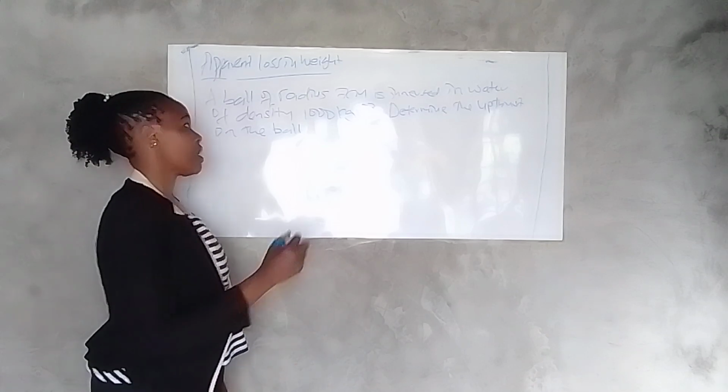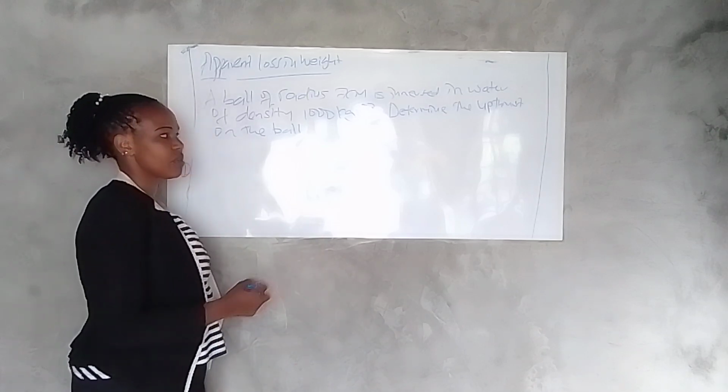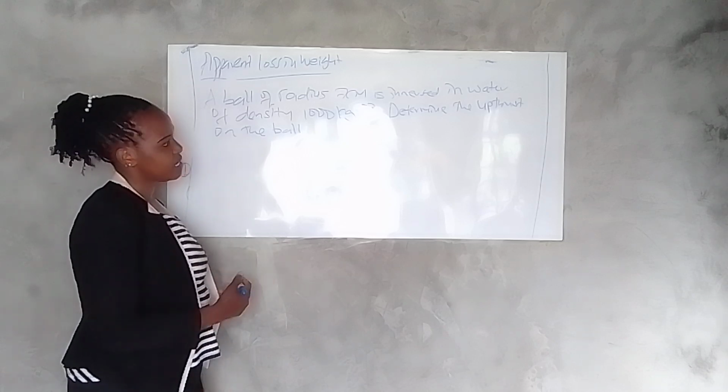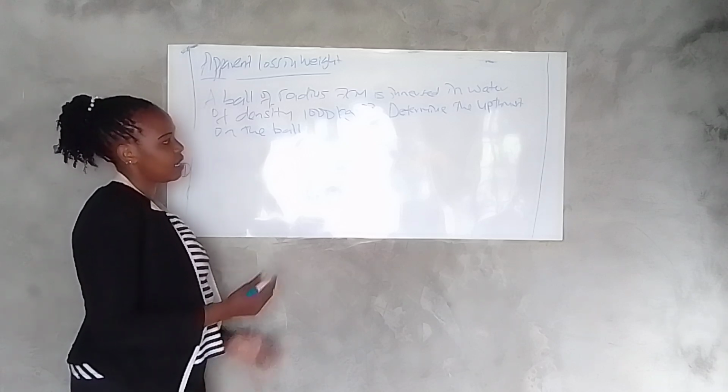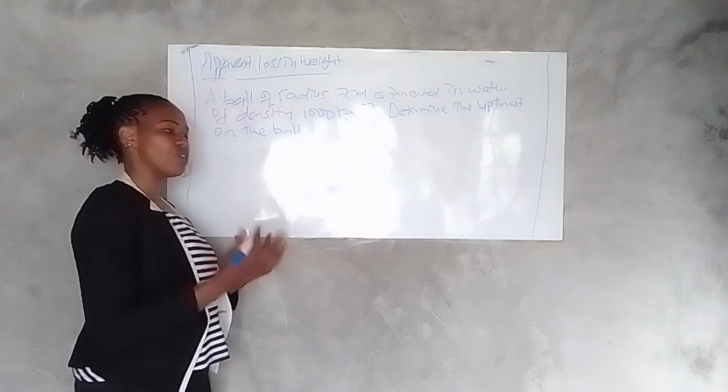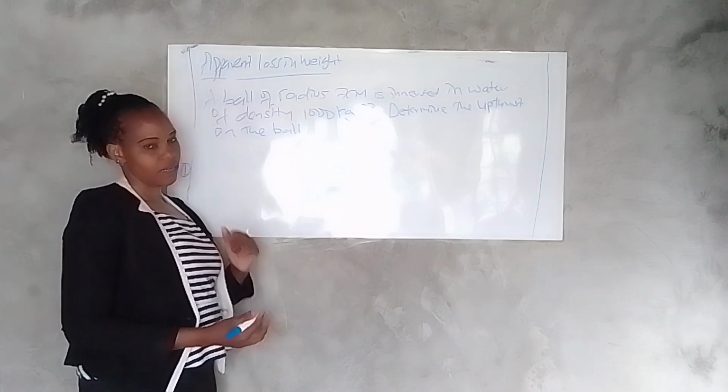Now the first question we are going to ask ourselves: what is upthrust? From what we saw earlier, upthrust is equal to the weight of the fluid displaced. That is number one.